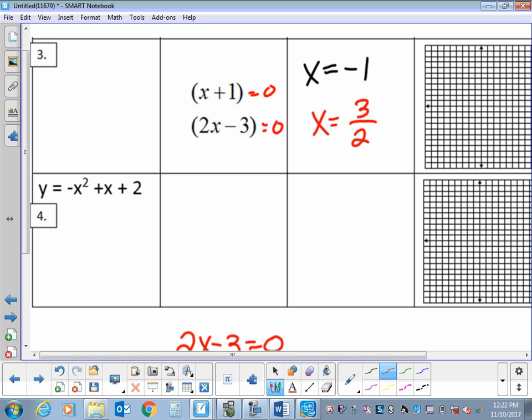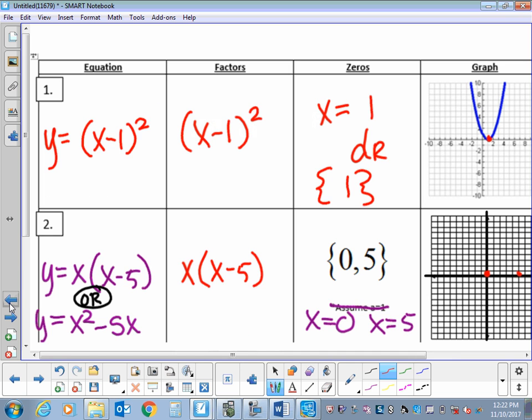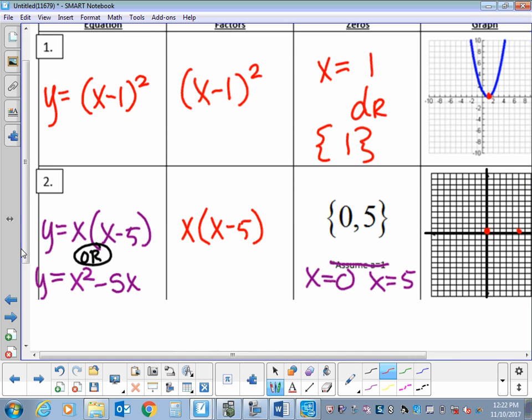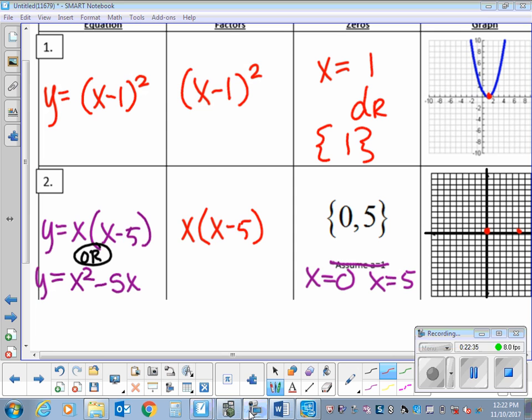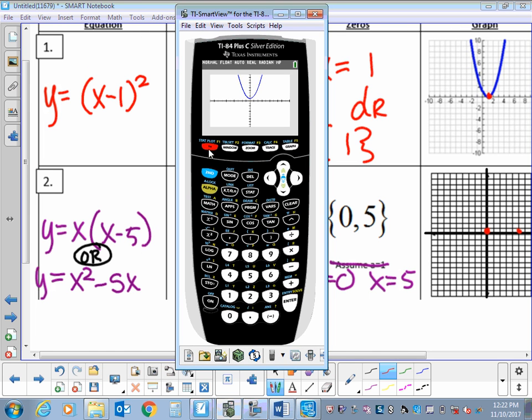I can go ahead and graph this. Oh wait, did we do our graph in the last one? No, we didn't. Sorry, I had to go back for a second. I didn't sketch my graph. You don't have to have it perfect. We're going to do x times x minus 5. Let's graph it and see what it looks like.